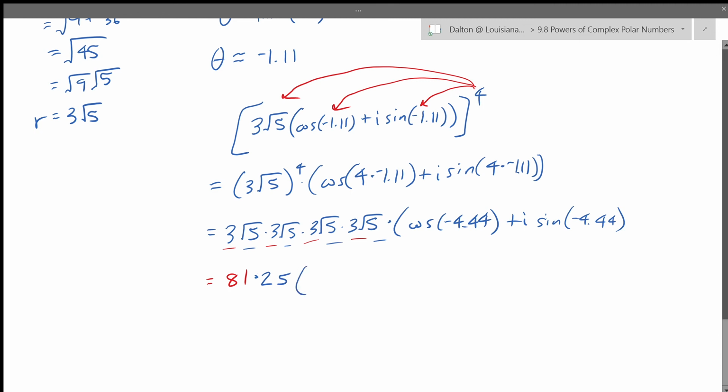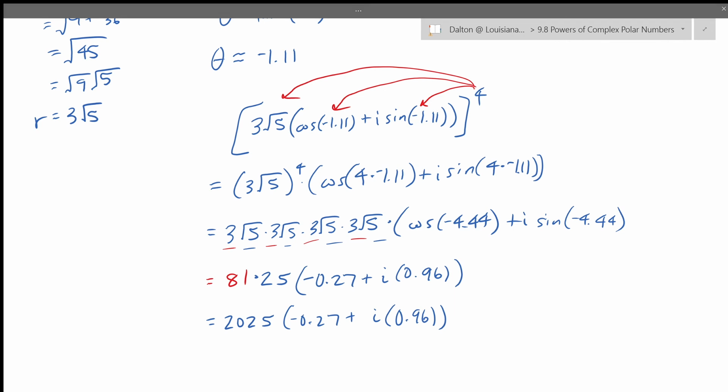If we plug in the cosine of negative 4.44, we're going to get about negative 0.27, plus i times the sine of negative 4.44 will be 0.96. 81 times 25 is 2025. And I'll leave my inside alone. Negative 0.27, or plus i times 0.96.